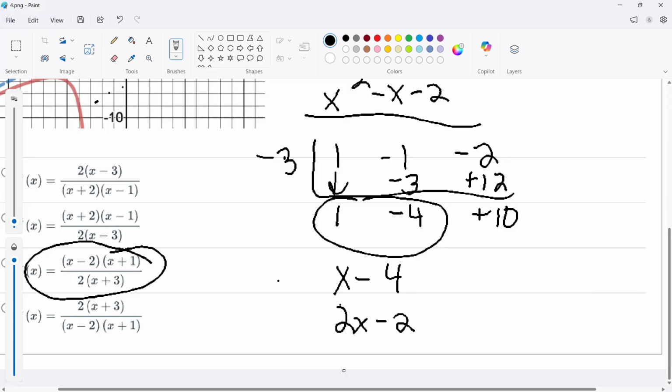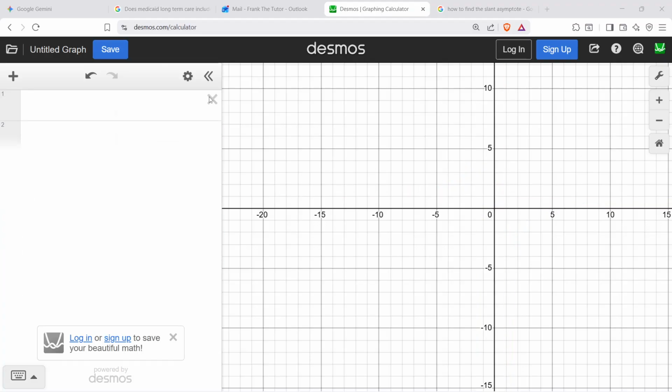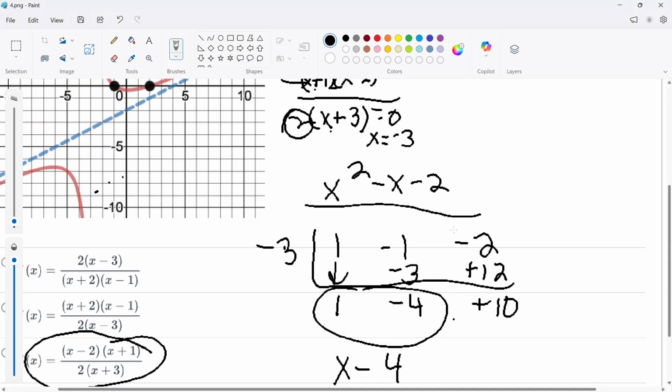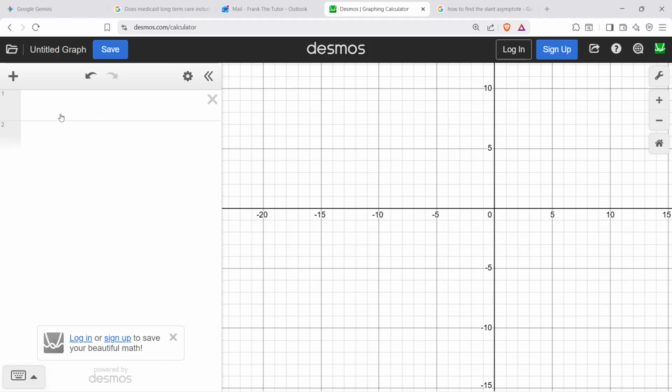Is it 2x minus 2? I'm having trouble with this one. Oh, is that it? No, that's not it. What do I have to do here? x plus 1 times x minus 2. I already know that's the answer.